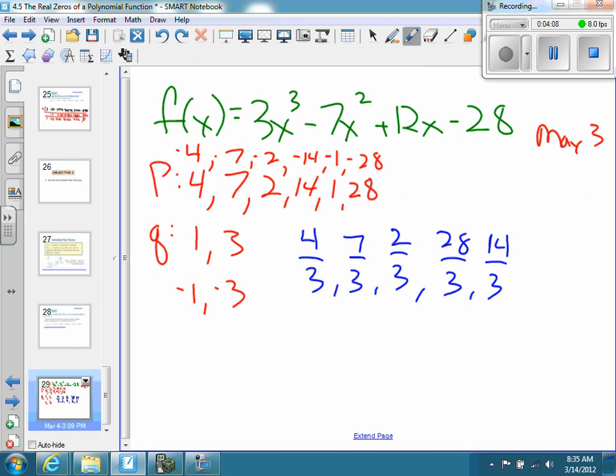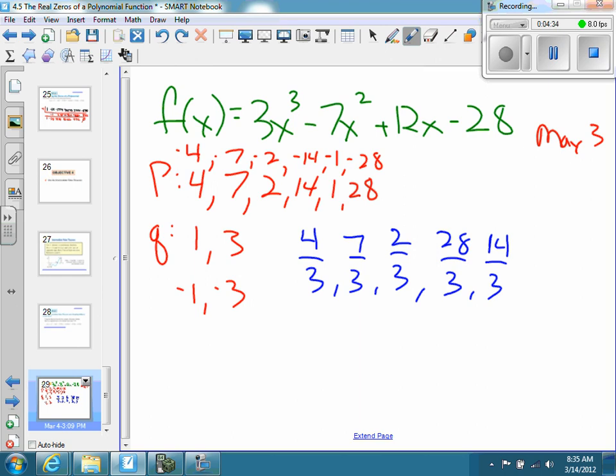But over 3, yes, primarily because 3 is a prime number and it's not a factor over here. If my P, this negative 28, had been 18, one of the factors would have been 3 and 6. Well, I would have already covered that because I would have already had 2. Make sense?